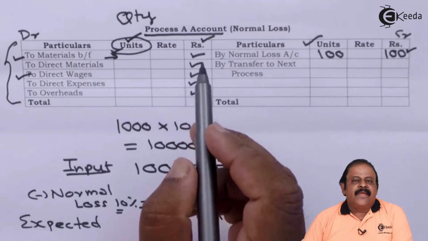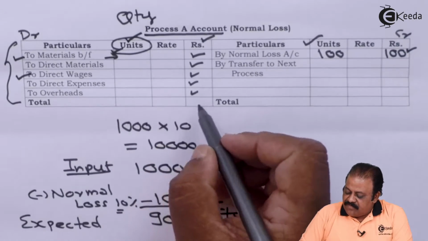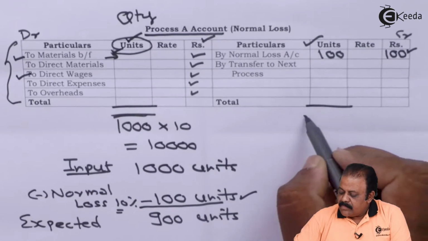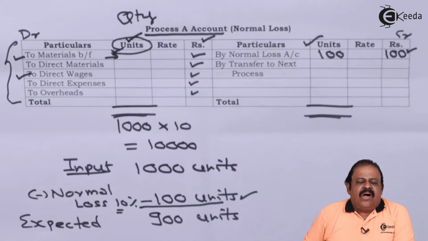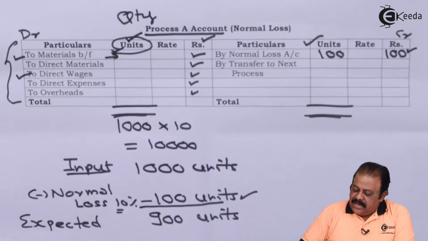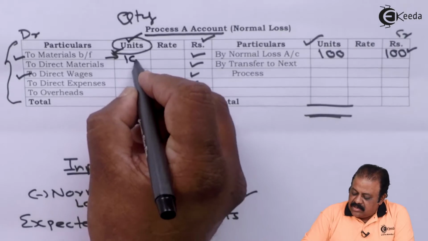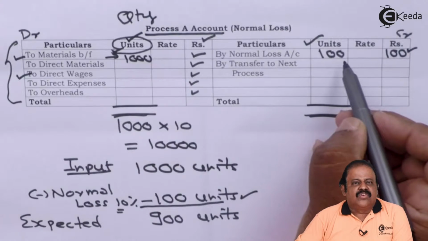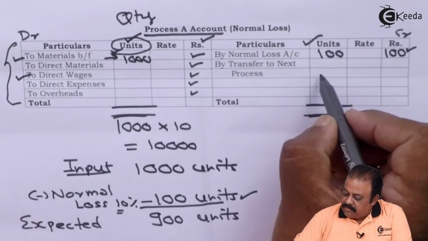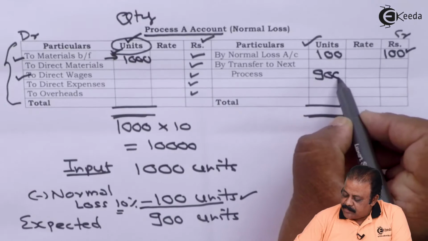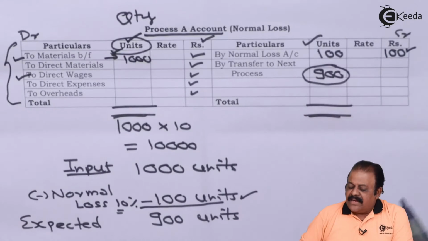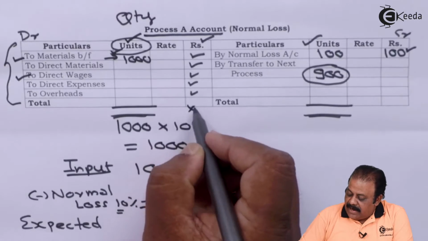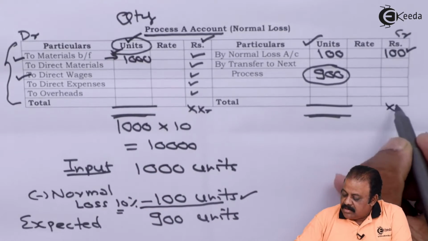Now we will be closing this process account. First the units column will be closed. It will show us the amount of output. If we have 1000 units, the debit total is 1000, and on the credit side we have normal loss of 100 units, so output will be 900 units. This 900 units will have a value, which we get by taking total of debit minus total of credit.